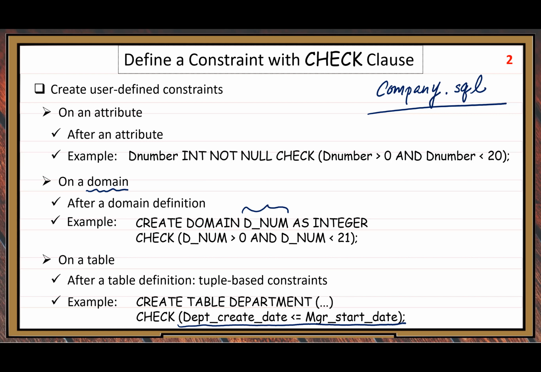I said for relatively simple conditions, we can do it in this way. All the conditions, less than, greater than, those relatively simple conditions, we can use user-defined constraints to make the DBMS enforce these conditions.